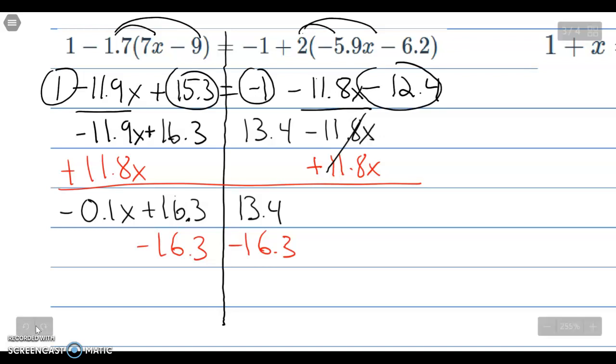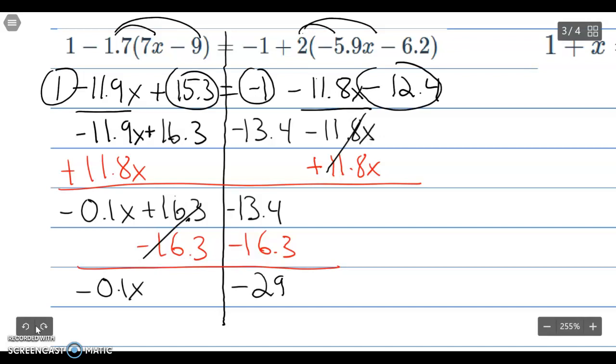Oh, this should be negative. Let me fix that. This should be negative. All right, so once I subtract, I'm going to end up bringing down this negative 0.1x. This will cancel out, and that's going to leave me with negative 29.7.